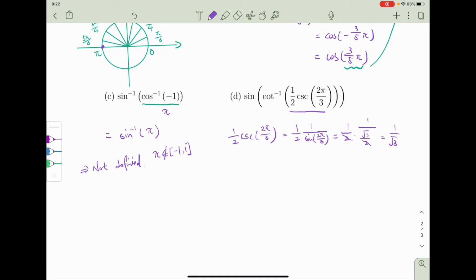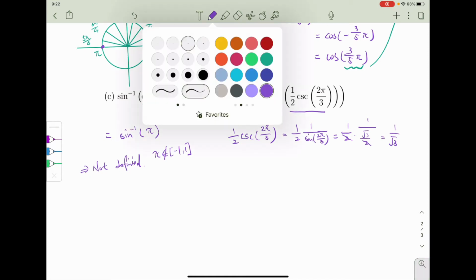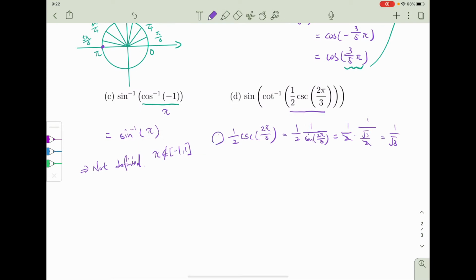And after working this out, the second step, we're looking at cotangent inverse of 1 over square root of 3. Right. Now let this equal to theta.